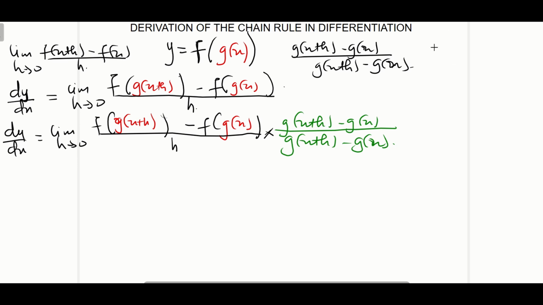Alright, so now let's think of a function of this form. Whenever I have 1 over 2 times 3 over 6, this function is the same as 1 over 6 times 3 over 2.